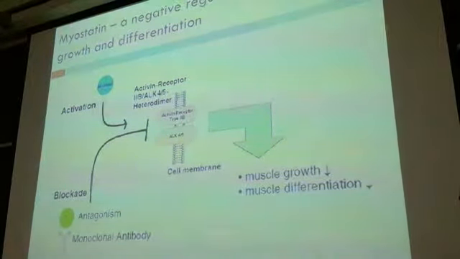Now, just a little bit of a special topic here, which is under research: one of the ways of perhaps modulating myocyte growth and differentiation is through this protein called myostatin I mentioned earlier. Activation of myostatin actually inhibits muscle growth and differentiation, interacting with a receptor in the muscle cell membrane.